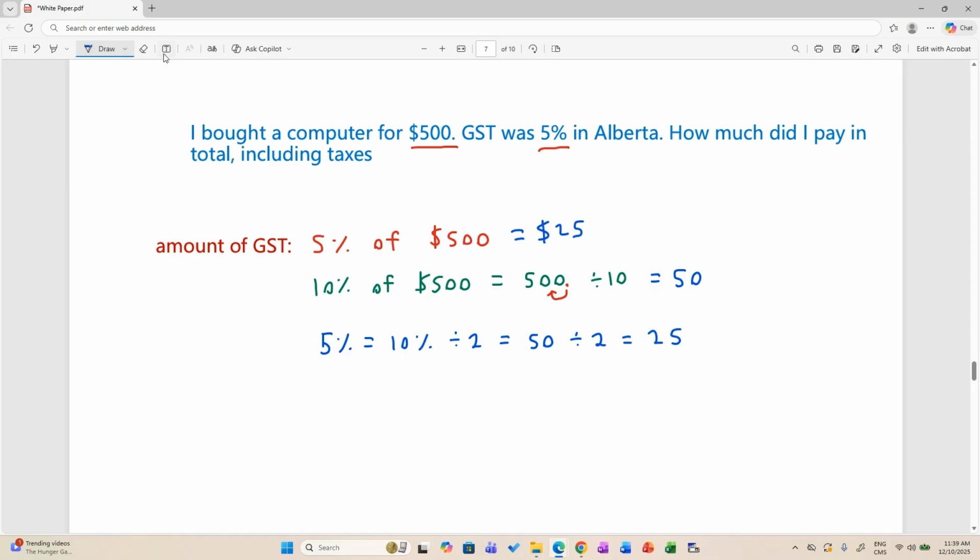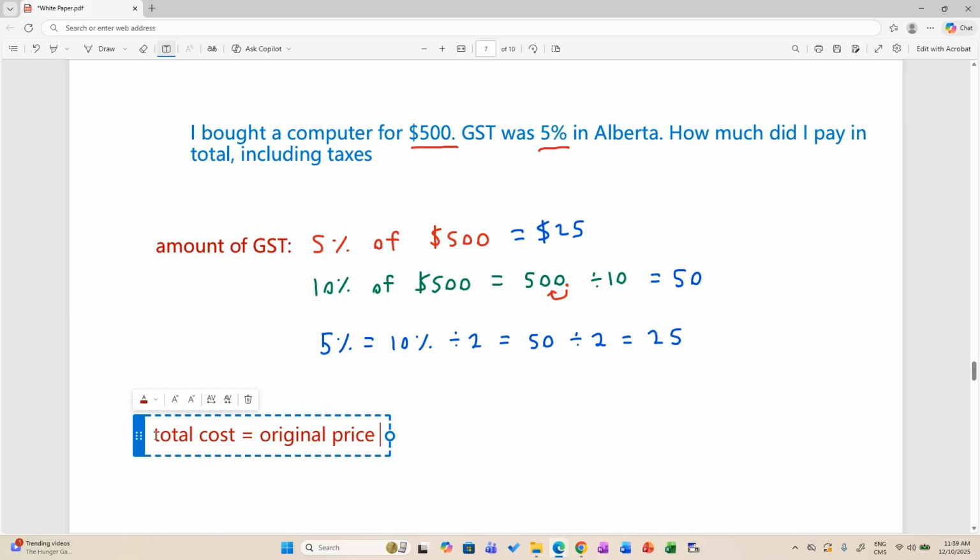So now, next thing I find is my total cost, right? My total cost is going to be equal to the original price plus my GST, which is my tax, right?